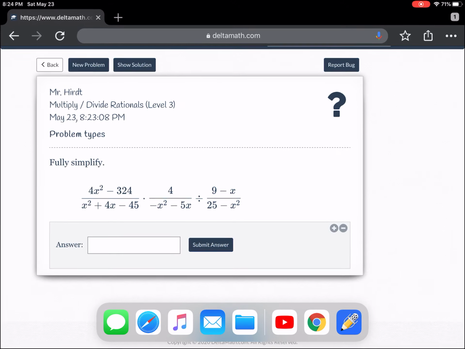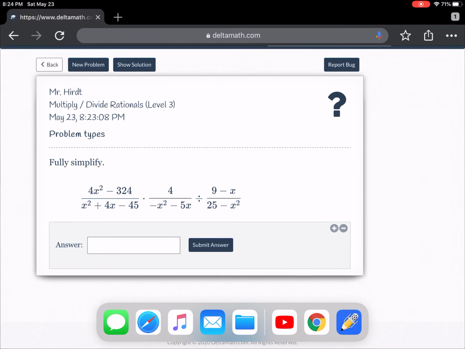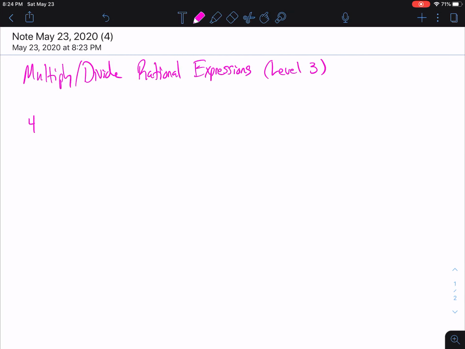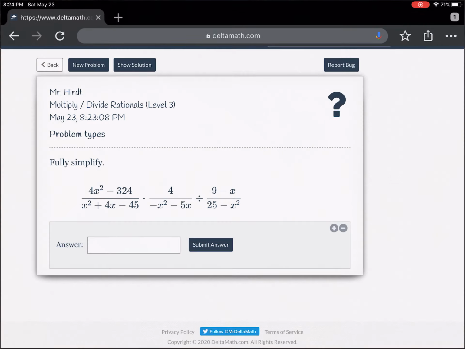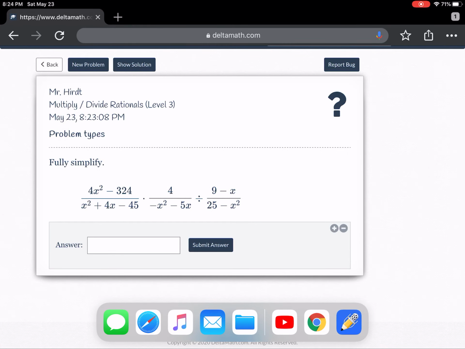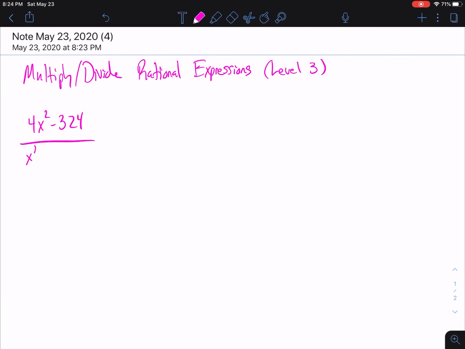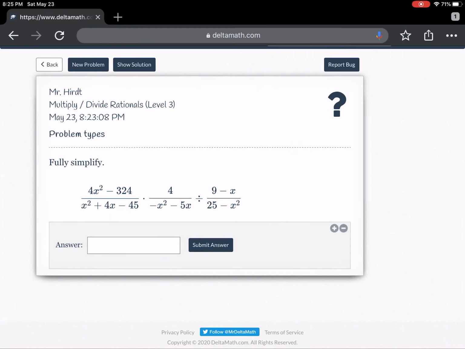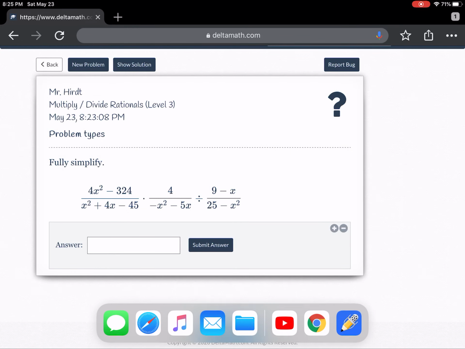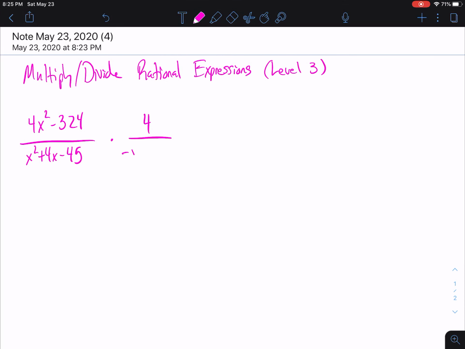So 4x squared minus 324, and that is over x squared plus 4x minus 45. We had a 4 on top, negative x squared minus 5x.